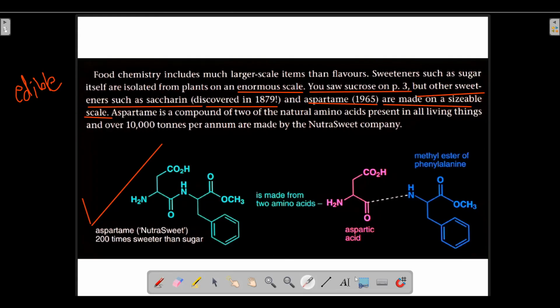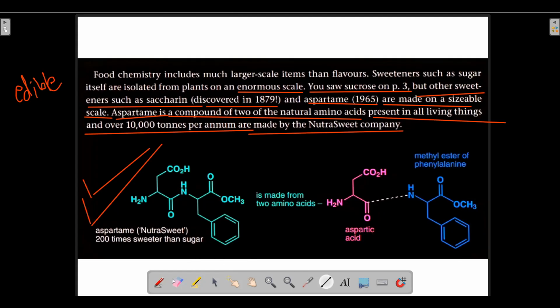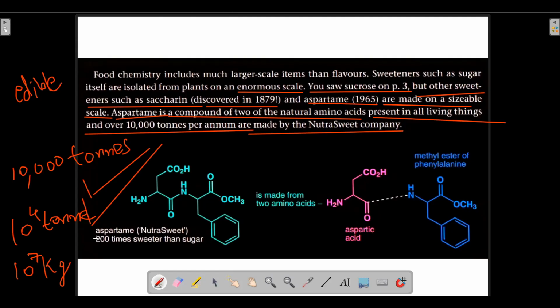Aspartame, its structure given over here, is a compound of two of the natural amino acids present in all living things, and over 10,000 tons per annum are made by the NutraSweet company. 10,000 tons means 10 to the power 4 tons, and 1 ton is equal to 1000 kg, so it will be 10 to the power 7 kg of aspartame produced annually.